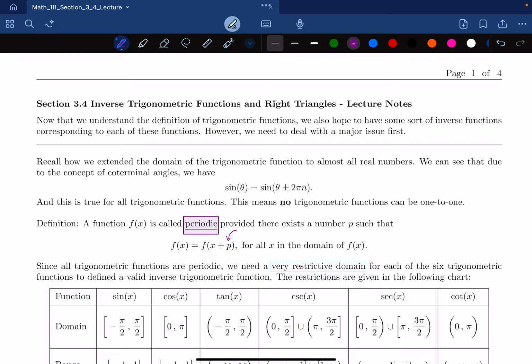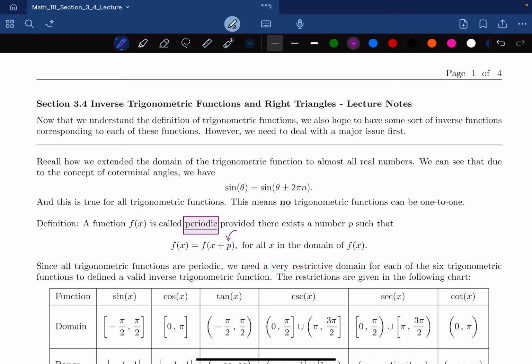Similar to a clock, it doesn't take 24 hours for the clock to repeat itself. It only takes 12. And so for some trig functions, it only takes half of that 2 pi, which is pi, to repeat itself. But these are details I will discuss in the future. For now, just understand the fact that our trig functions are periodic.